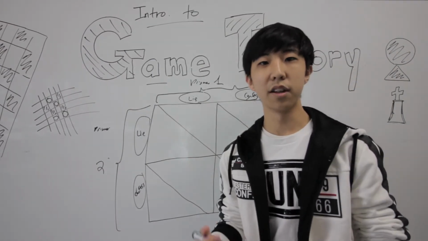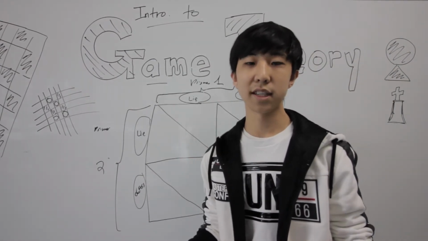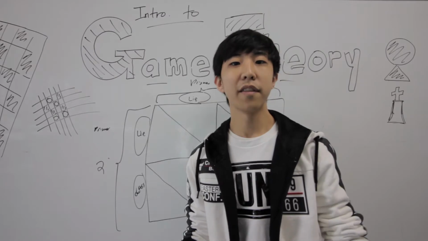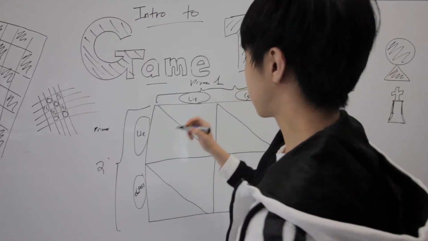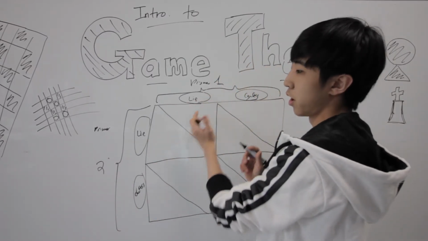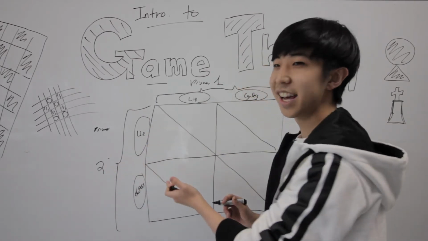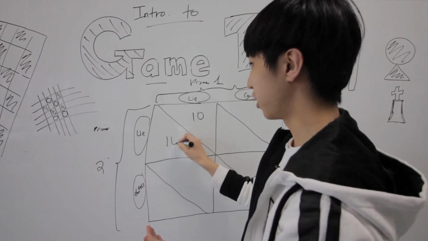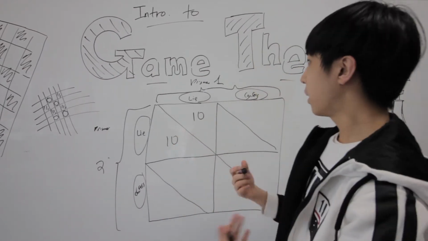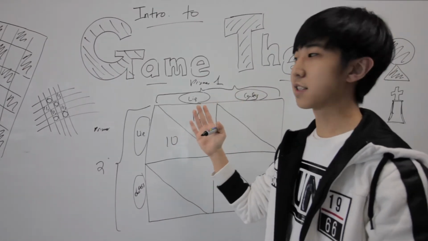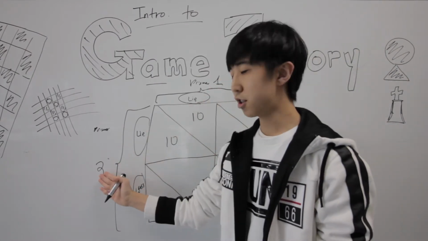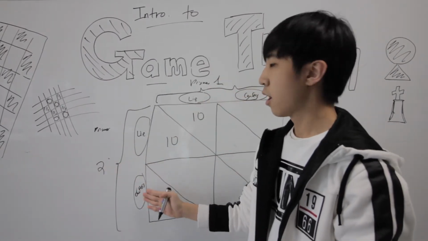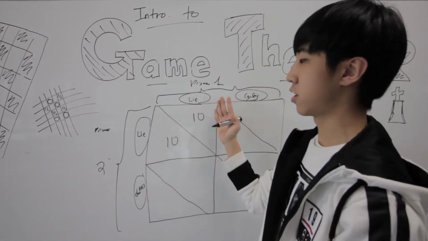Now we can label in the consequences, which will be, in this case, the length of the term that they will serve in prison. So if both prisoner 1 and prisoner 2 lie, then the consequence will be 10 years of jail for each of them. But if prisoner 1 decides to lie and prisoner 2 decides to confess, what would be the consequence for prisoner 1?